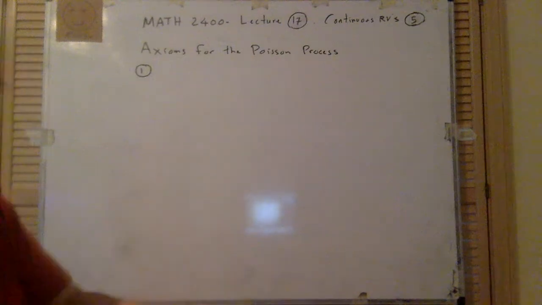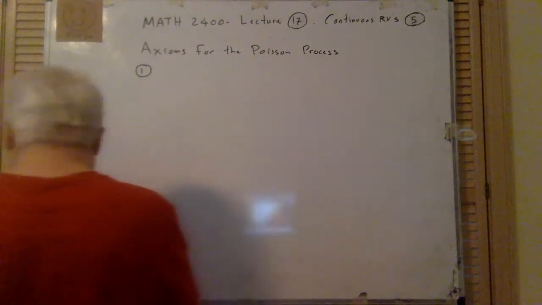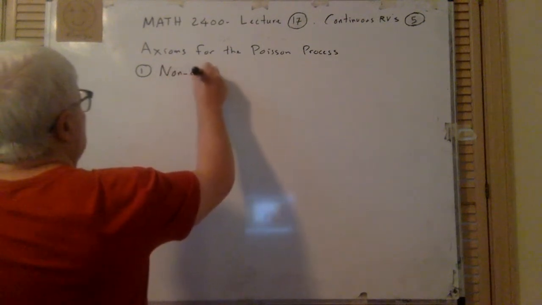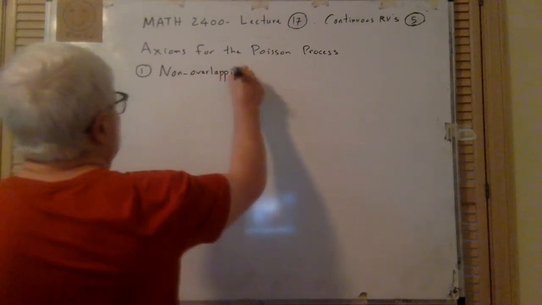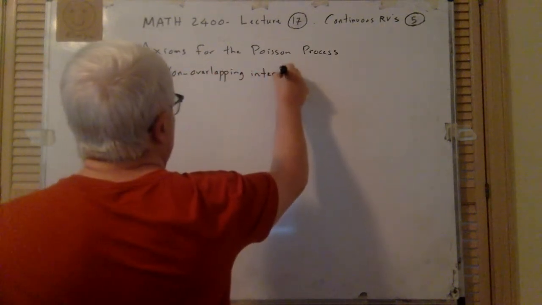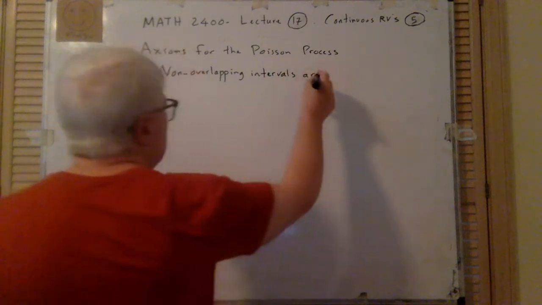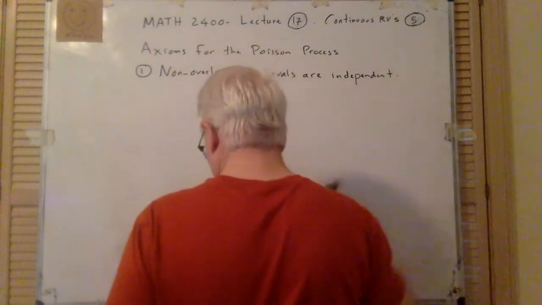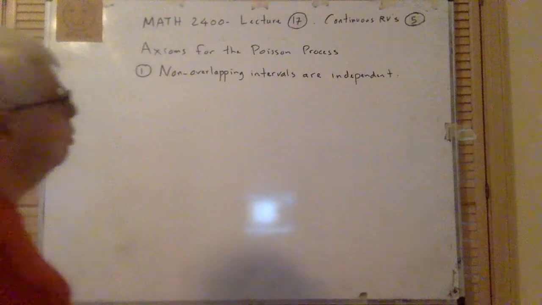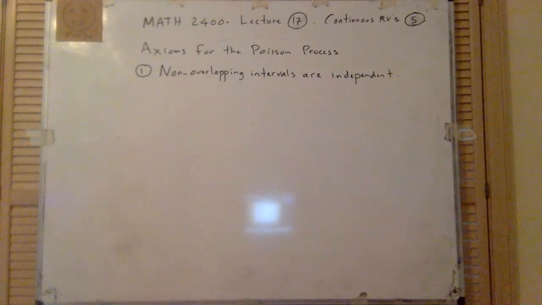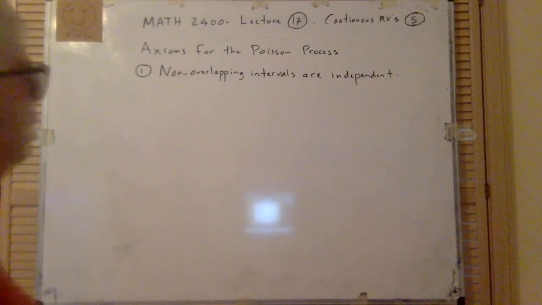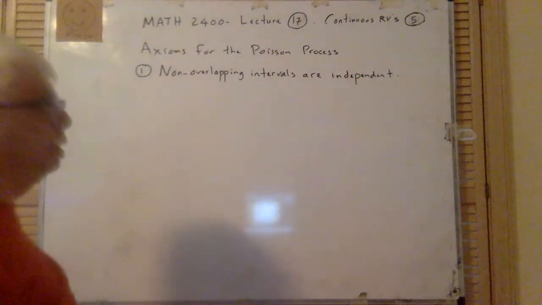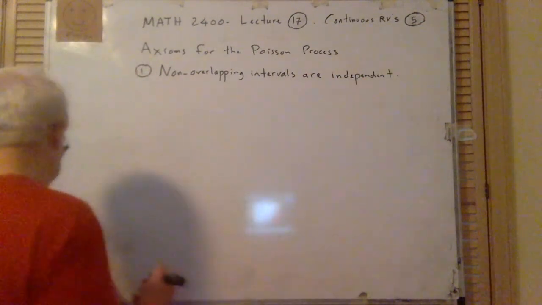Because I have some nice wording here, okay, we say that non-overlapping intervals are independent. What does that mean? It means that events that are defined using non-overlapping intervals are independent. So let me write it down.